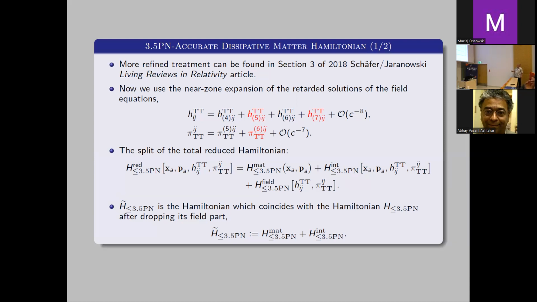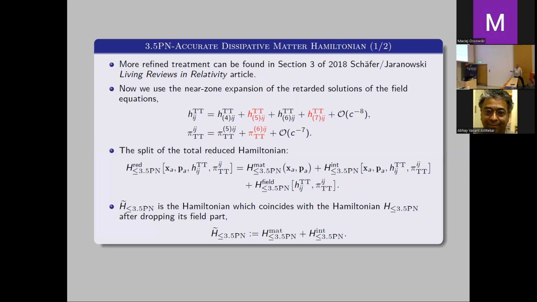The same is with the field momenta. This is what follows from the time symmetric part of the solution. Here there is one difference. This is a difference of 1 in the 1 over c, because this always contains a time derivative of this function.